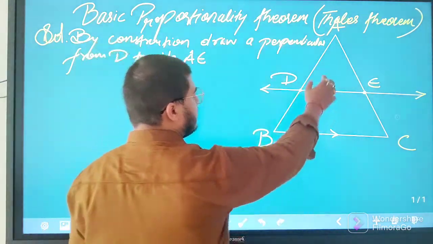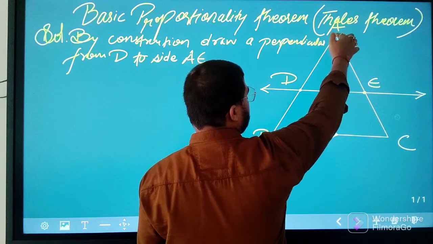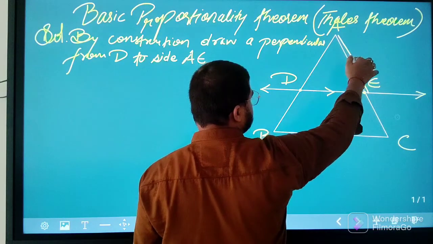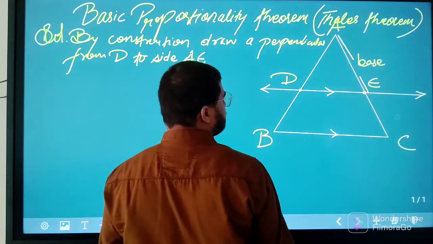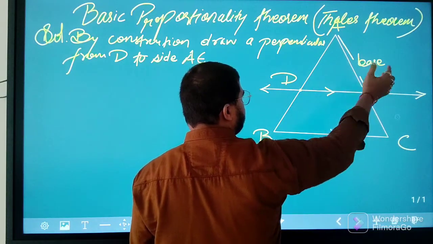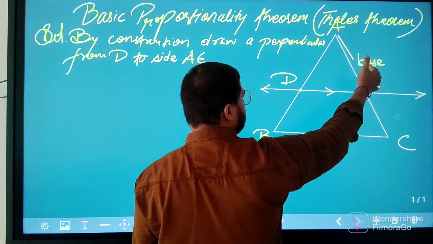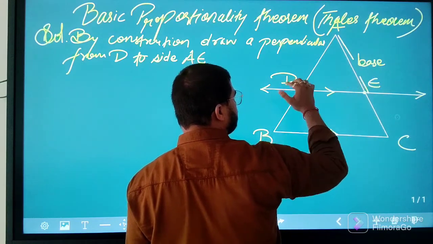Now in this triangle, if we take AE as the base, a perpendicular can be drawn from the vertex which is opposite to the base.